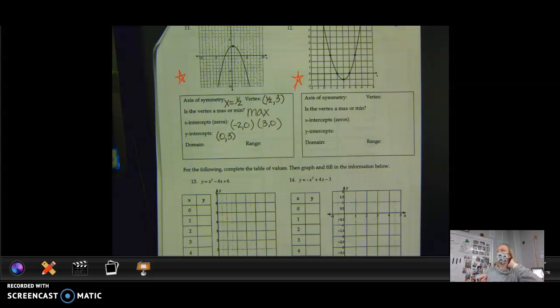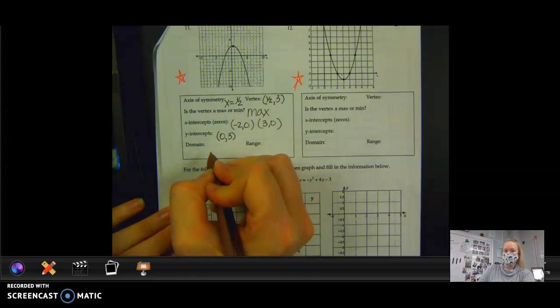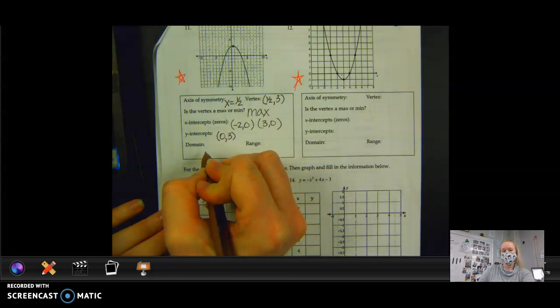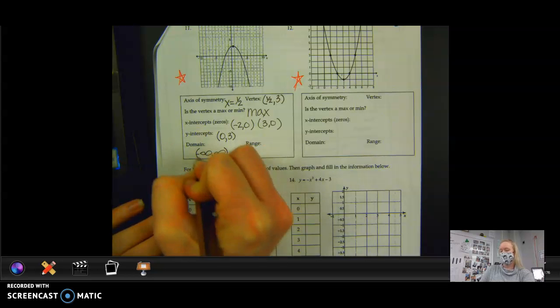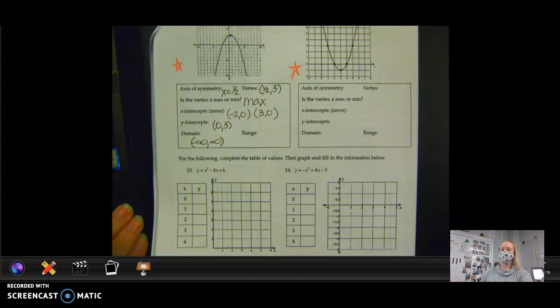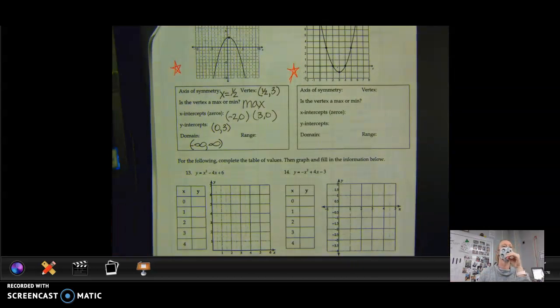Domain is all the X values that it's going to hit. What do you think are all the X values that it's going to hit? Yes. Please for me real quick. That is the 3rd example we've done. What has my domain always been? -infinity to infinity. On all these problems, your domain is always going to be -infinity to infinity.